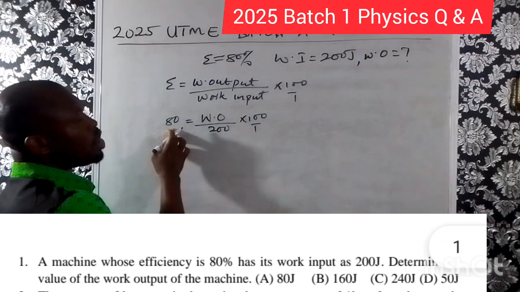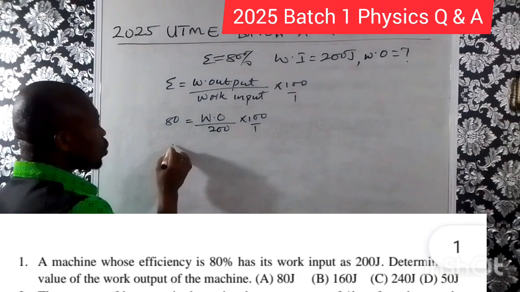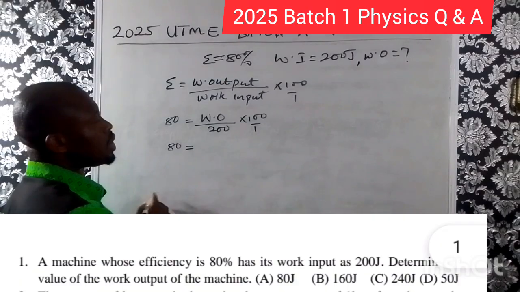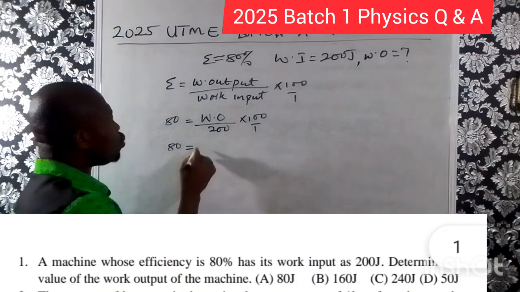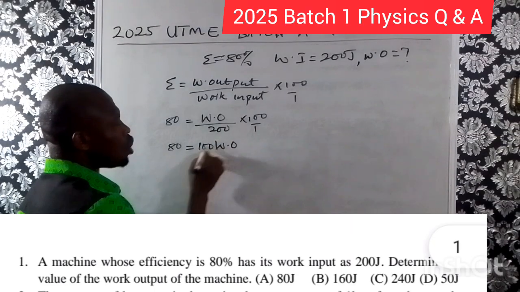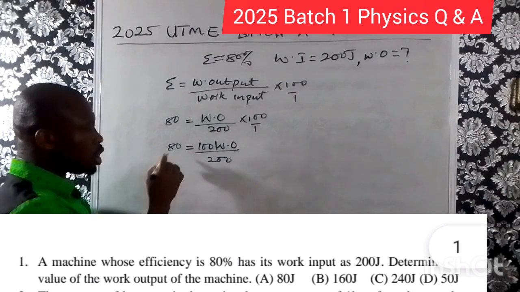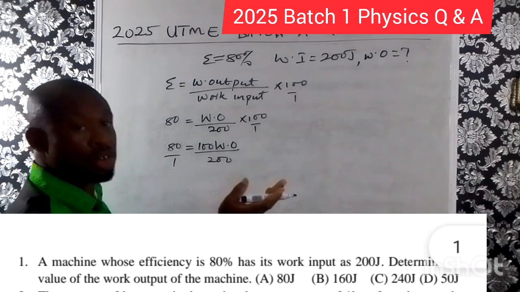Either you divide this by 100 or you move straight. Let us go straight. We now have 80 is equal to 100 work output all over 200. At this point, one can only cross multiply.